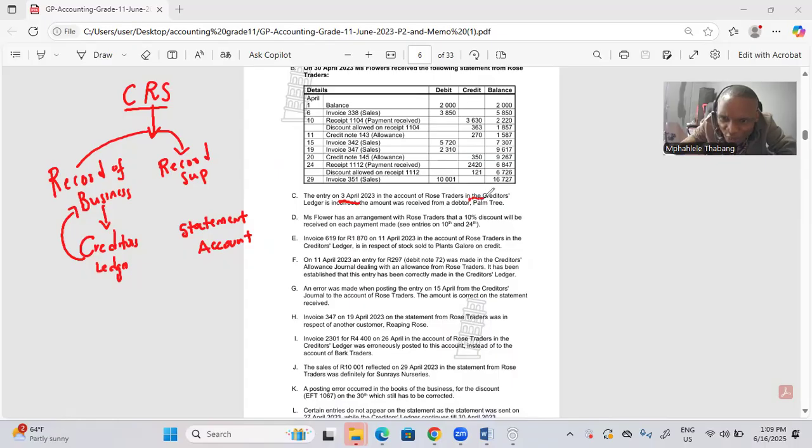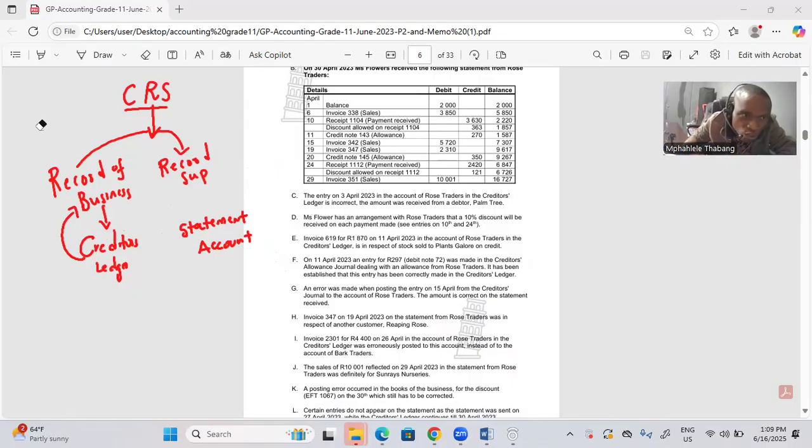So they are saying if we go to the creditors ledger, there is an entry on the 3 April 2023 is incorrect. Okay, let me read this transaction very well. The entry on 3 April 2023 in the account of Rose Trader in creditors ledger is incorrect.